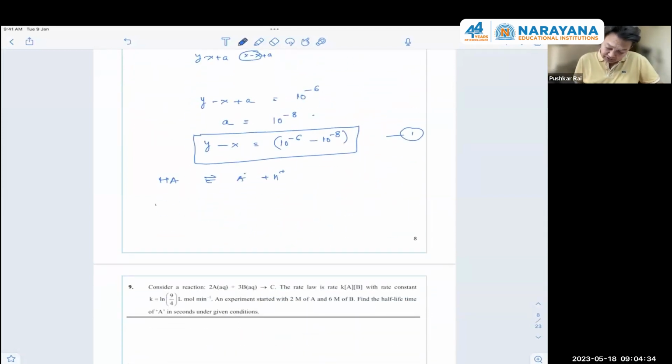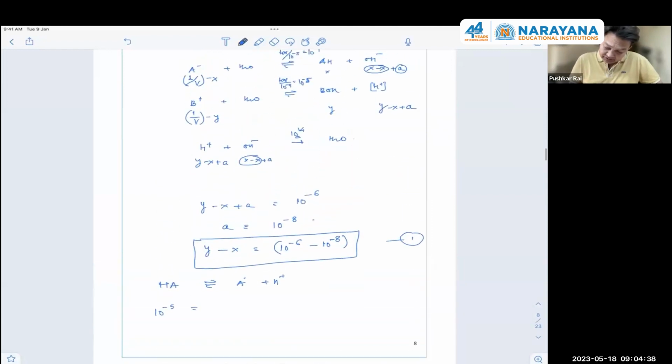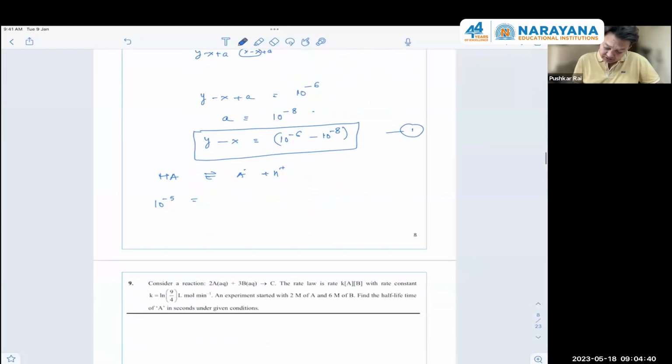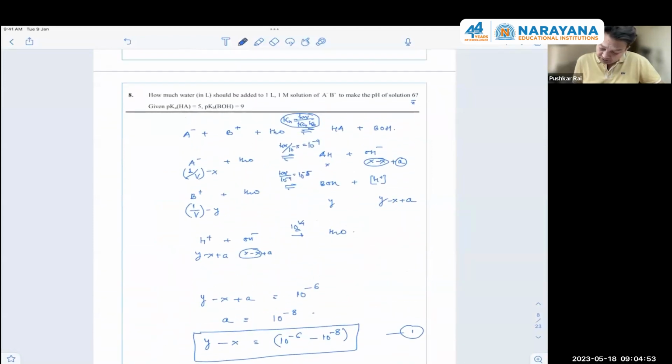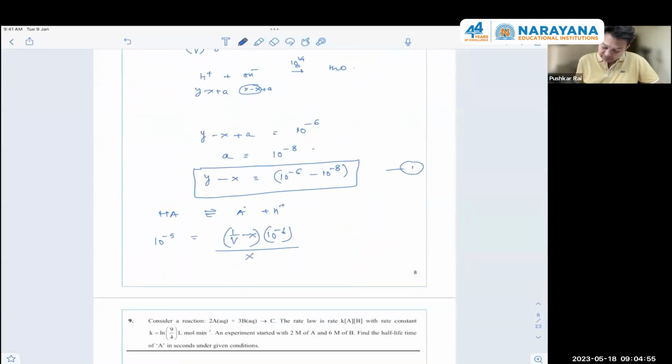So 10 to the power minus 5 must be equal to A negative, which you get from here as 1 by V minus X, times H plus, which is 10 to the power minus 6 already given, divided by HA, and HA is equal to X.